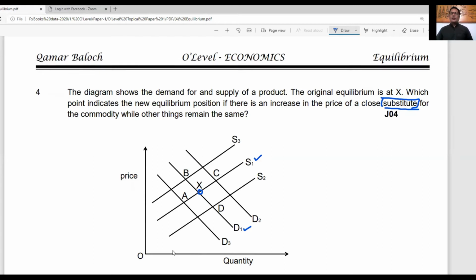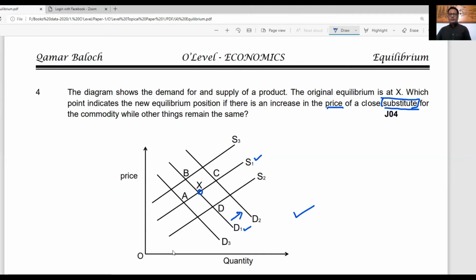So substitutes are the goods which are alternative to each other. For example, Coke and Pepsi, if you purchase Coke, then you need not purchase Pepsi. So what will happen if there is rise in price of substitute? If the price of the substitute product increases, then demand for this product, which we are considering here, will increase. So it means demand curve will move to the right.